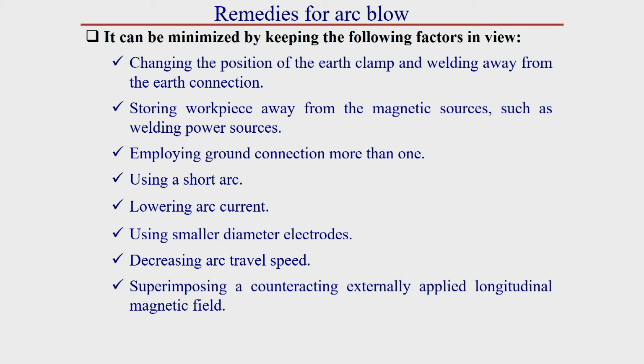One of the causes of arc blow, as I told you, is that at the starting position and finishing position there is an air gap. So the flux, instead of passing through air, generally concentrates toward the workpiece region.